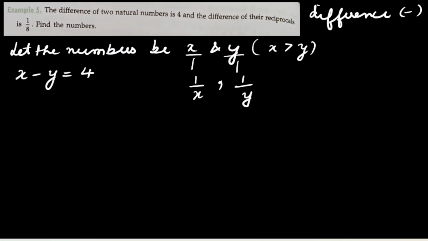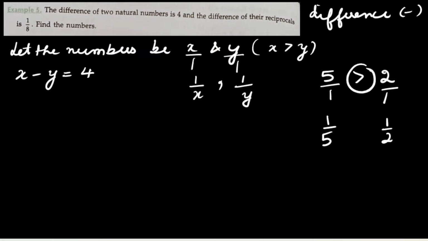Now we have to apply this concept. I'll take a simple example. I know 5 is greater than 2. But always remember, whenever I take their reciprocals, it will become 1 by 5 and 1 by 2, so the inequality becomes opposite.